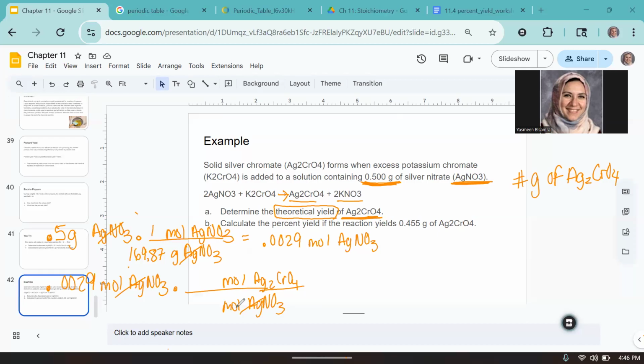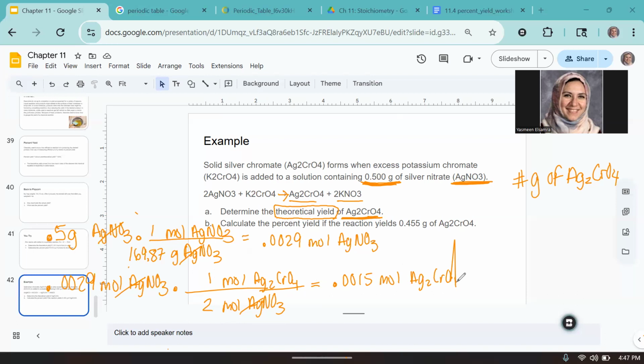Moles on top of moles means I look at the balanced equation. So moles of AgNO3, 2 is in front of it. Moles of Ag2CrO4 is 1 in front of it. I divide, and I get 0.0015 moles of Ag2CrO4.